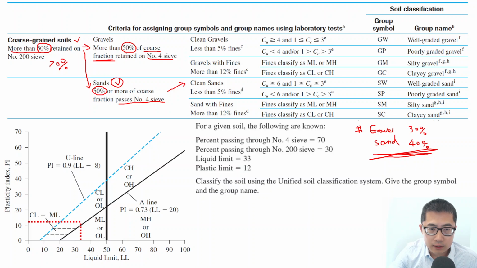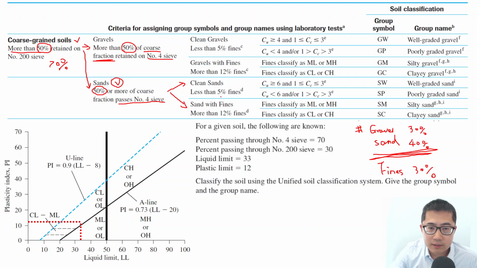Do we have clean sand or sand with fines? Well, let's look at how much fines we have. Coming back to the number you wrote down, we have 30% of fines.